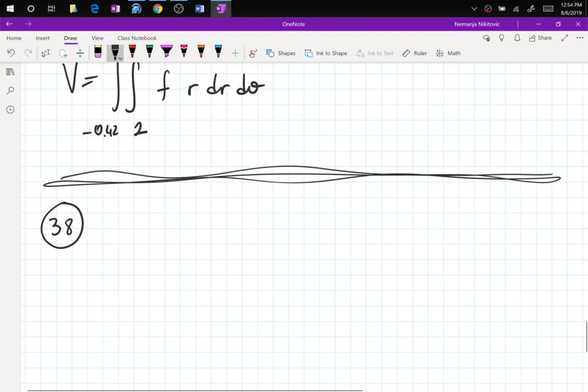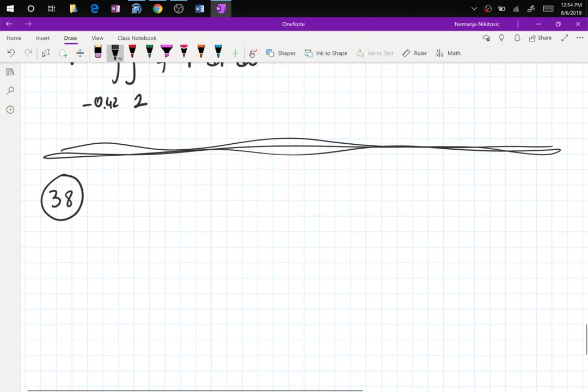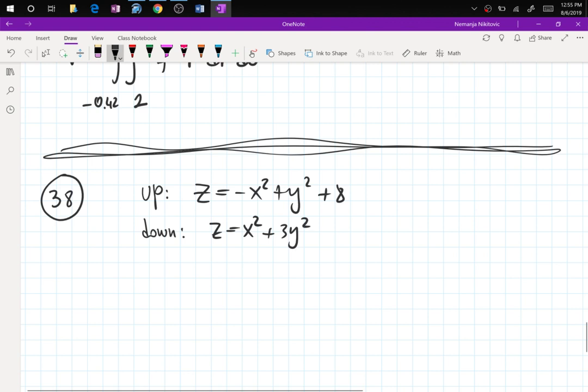So for problem 38, up is the hyperbolic paraboloid z equals negative x squared plus y squared plus 8. Then we have a cylinder, a hole in the middle with x squared plus y squared equals 1.